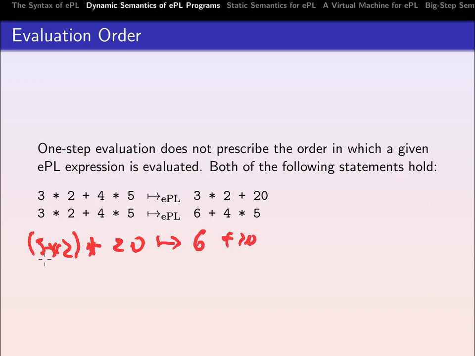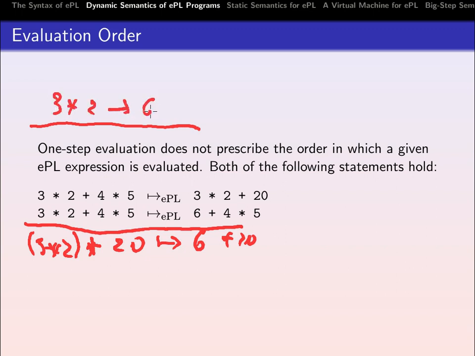But how do I do this? How do I know this? I know this because, ignoring the typewritten stuff, what we write above the line. How did I make this judgment, that 3 times 2 plus 20 one step evaluates to 6 plus 20? It's because 3 times 2 one step evaluates to 6, right?